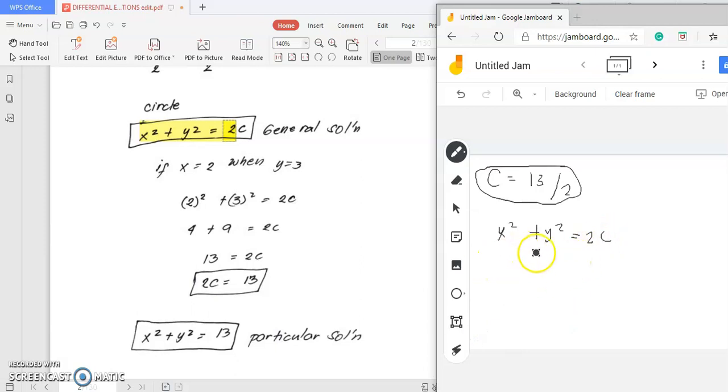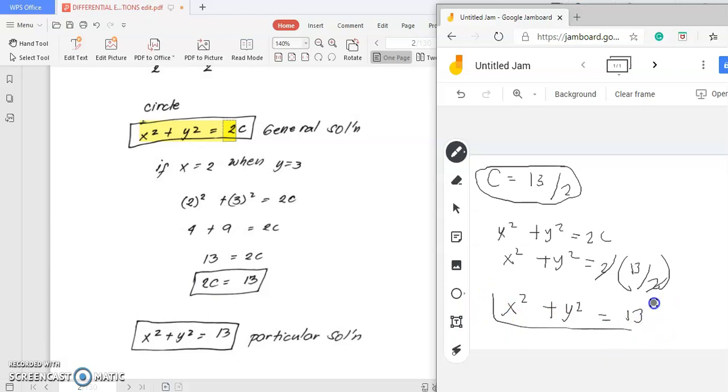So, from there, you can now substitute the value of c. You have x squared plus y squared equals 2 times 13 over 2. So, we can cancel this one. So, therefore, you have x squared plus y squared equals 13.